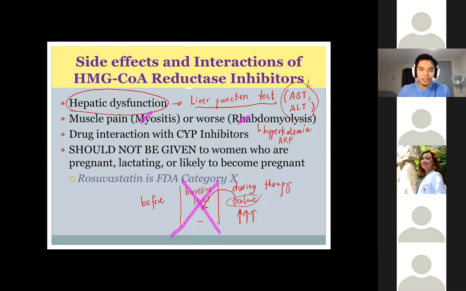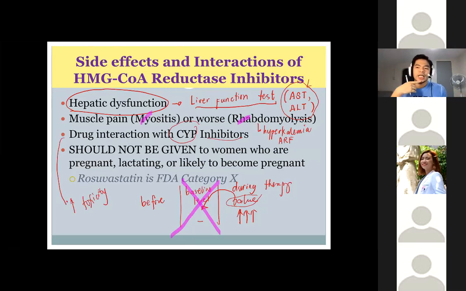Okay? Renal damage. And then HMG-CoA reductase inhibitors could also interact with CYP inhibitors, cytochrome inhibitors, which could cause enhanced toxicity caused by statins. And finally, these agents are teratogenic.